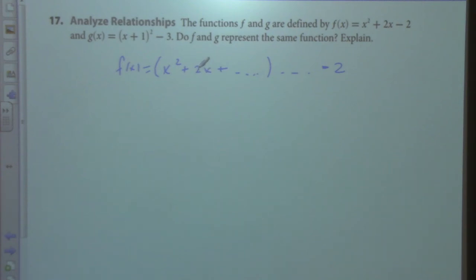So you divide this 2 by 2, right? And get 1. 1 squared is 1. And so you have to subtract 1 out here is what you're saying, right? Yes. After that, you'll need to square out, and it'll be x plus 1 squared minus 3. That is the exact same thing as the one above.